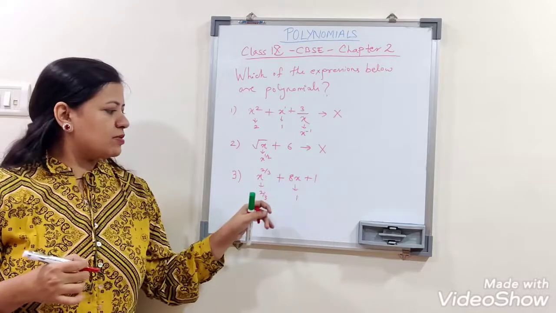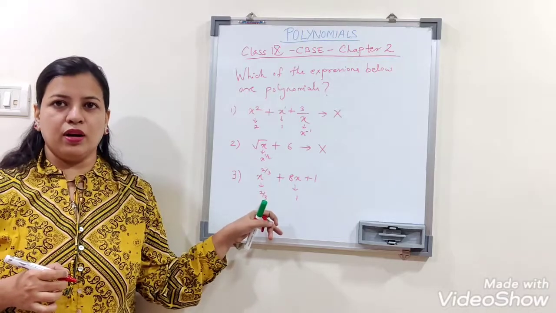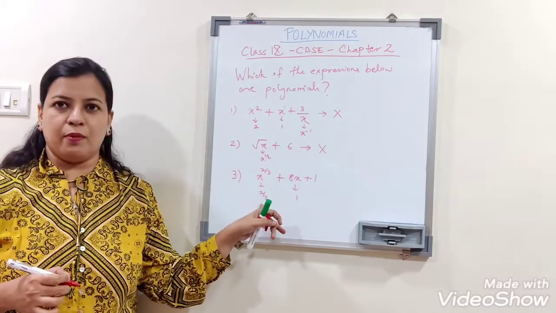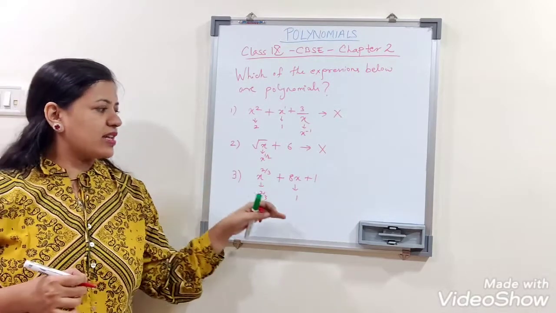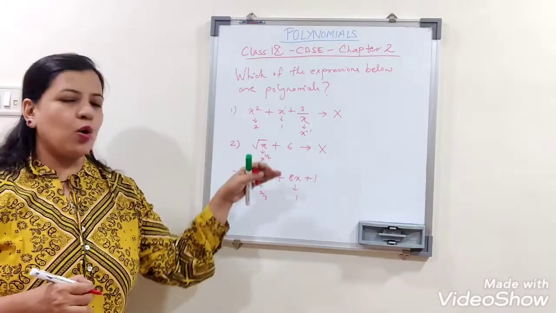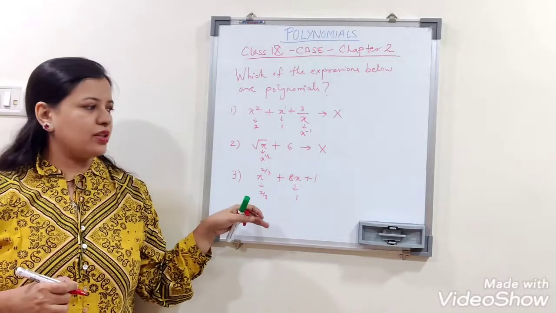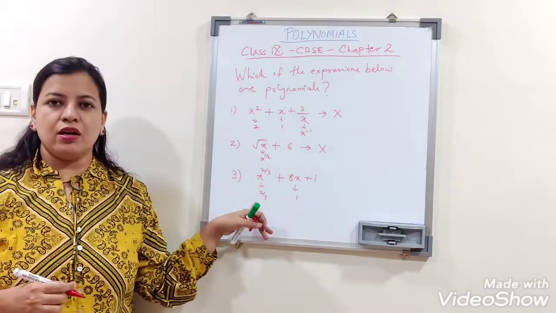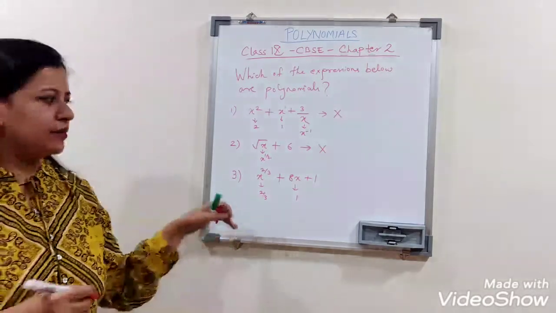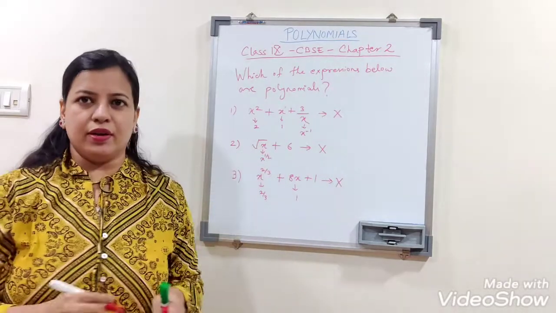So one of the terms has a variable where the power is not a whole number, rather it is a rational number. So again this expression will not come under polynomials, because if we go by the definition of polynomials, it does not satisfy the condition that the powers of the variables have to be whole numbers, right? So this is again not a polynomial.